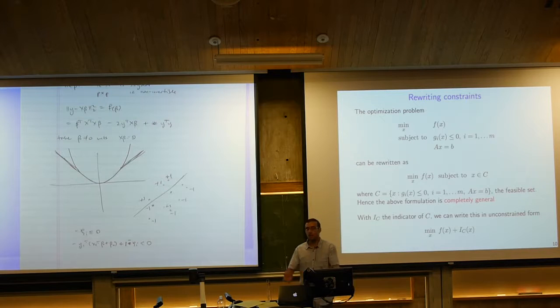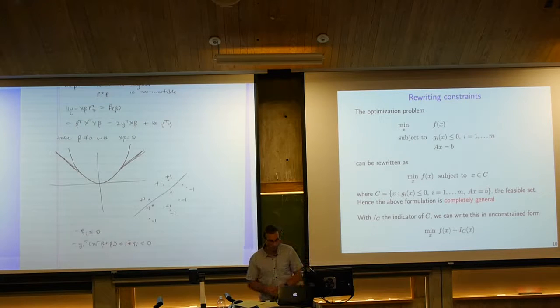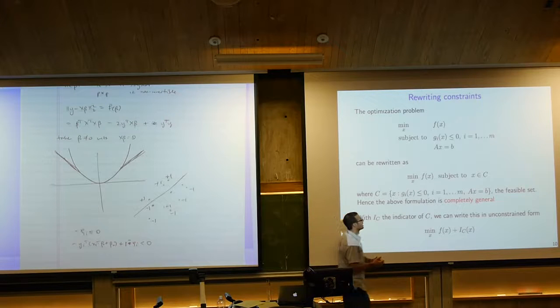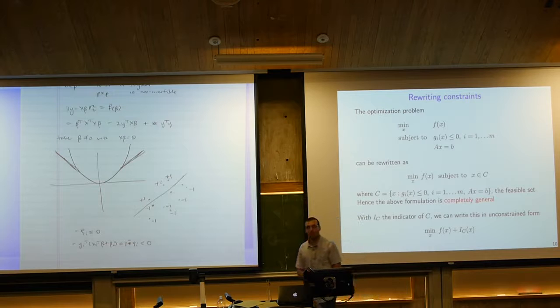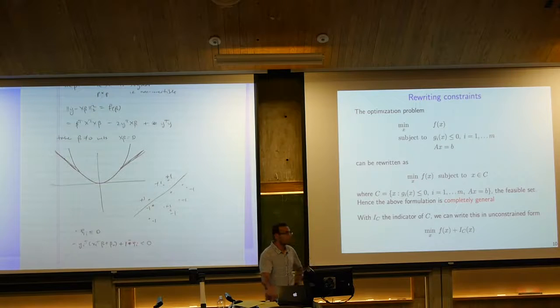Okay, one step kind of even further, I can actually write x being in C in terms of an indicator function. I can define an indicator function, right, based on C, that's 0 when x is in C, and it's infinity when x is outside of C. Remember, we defined that function last time. We even saw that when C is convex, that's a convex function.